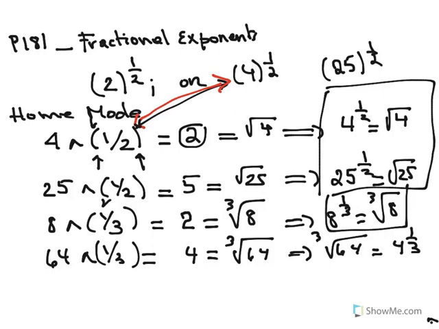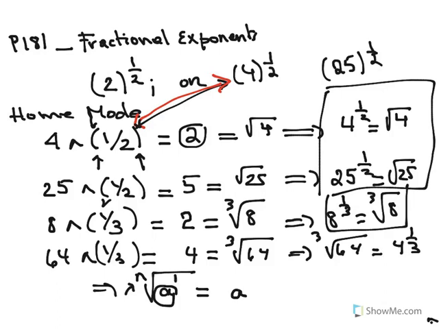Okay, so what is it that I'm finding? I'm finding that if I want to find the nth root of a, all I have to do is take a, the number under the radical, and set it as the base of an exponent.